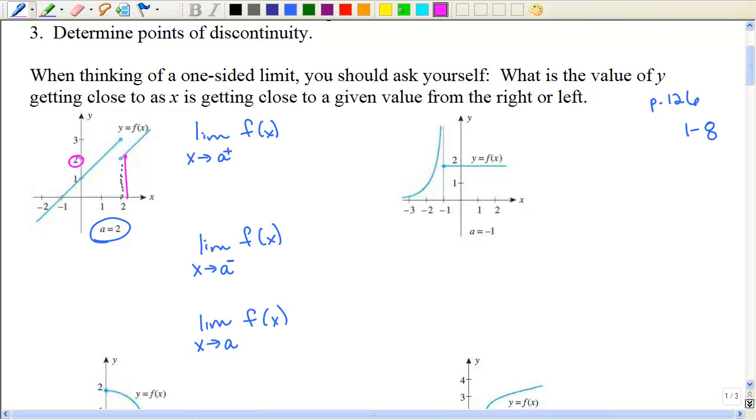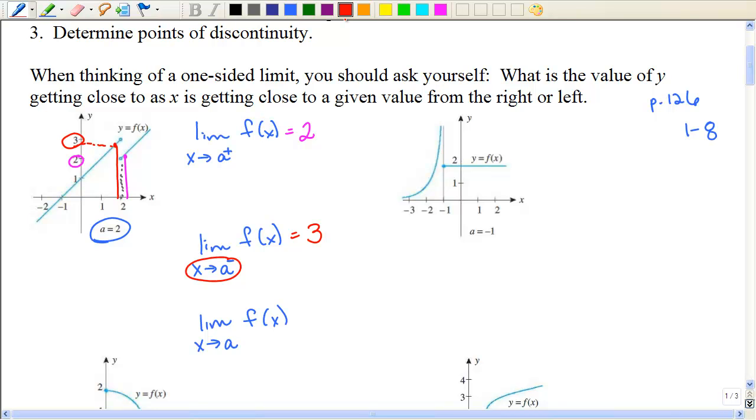What is that value close to? It is close to 2. But if I come in from x on the left-hand side, meaning a little bit less than 2, I go up here to this part of the function, and what we are getting close to is 3.